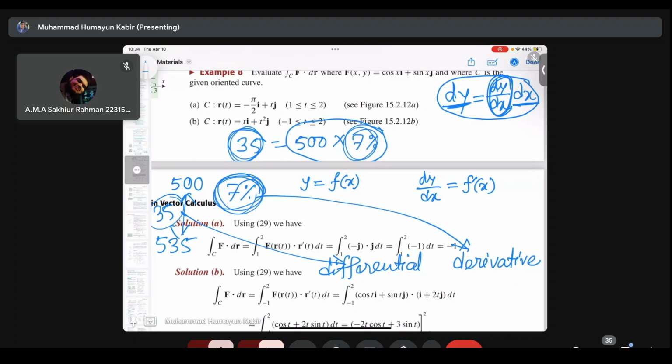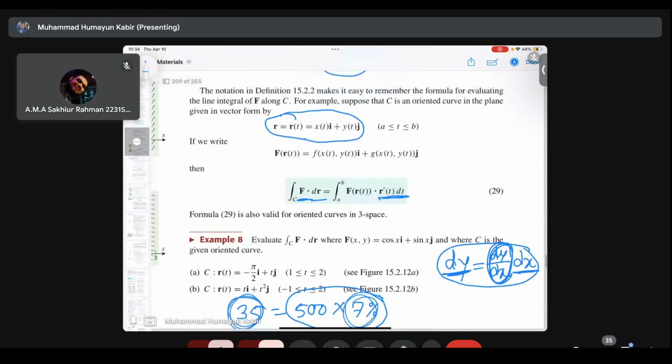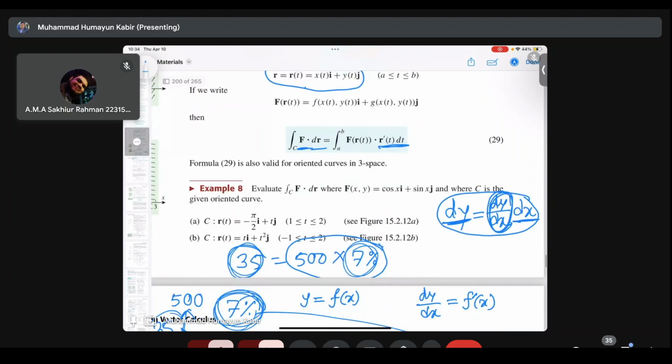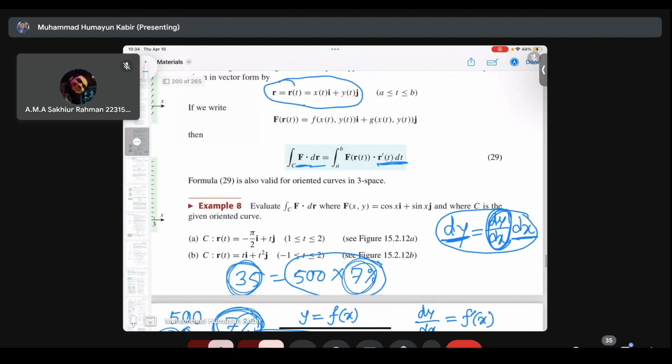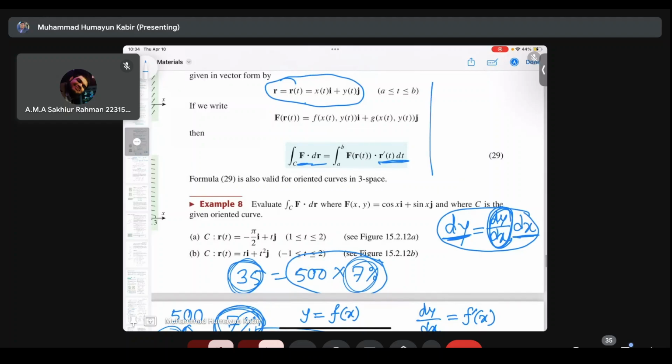Understood? This is a very fundamental discussion about math, the starting of the derivative. Anyway, we have to use this idea here. So dr is the differential of r. What is its value?